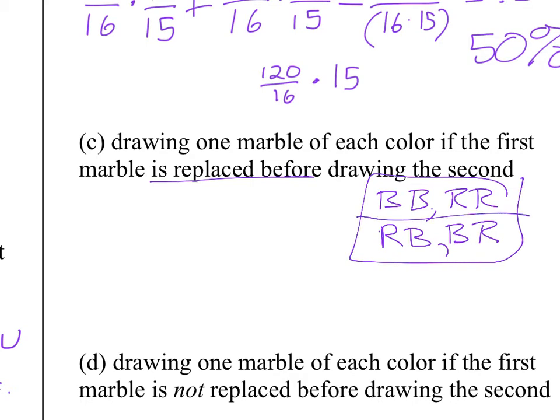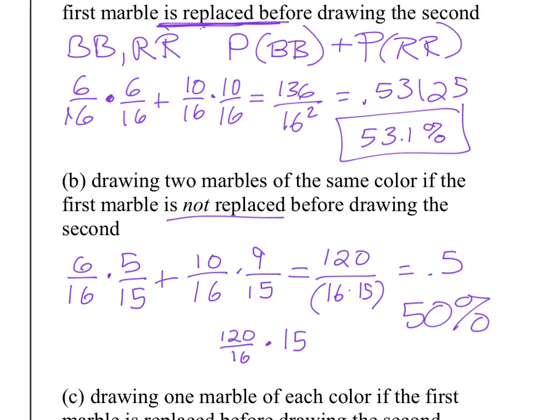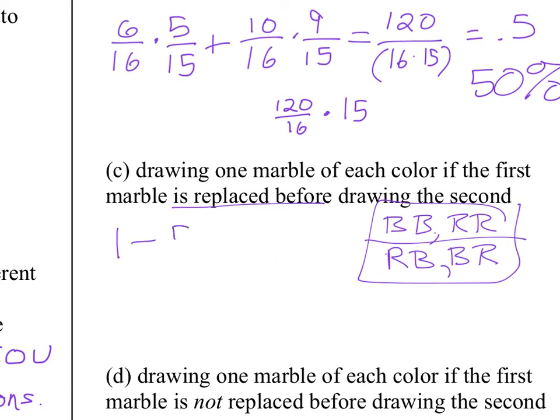The top half here, the BB and the RR, have already taken place. So all I really need is 1 minus, because it's a complement, 53.1. Actually, it's 100 minus 53.1 in the percentages, right?